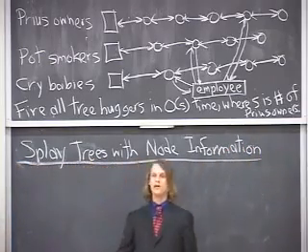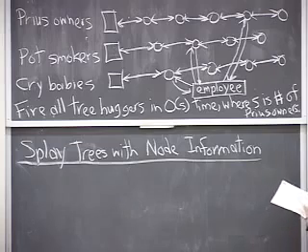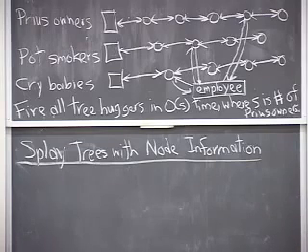There's a number of reasons we'd want to do that, but to give you one example, ultimately we're going to solve the problem of, suppose I want to know how many nodes there are in my tree, or how many items there are in my tree whose key is between 1,000 and 2,000. And I don't want to have to count them all, because that's expensive. If there might be 1,000 or more keys in that range, I just want to figure it out in logarithmic time, what the count is of nodes between 1,000 and 2,000.